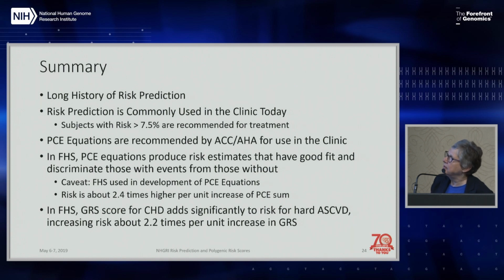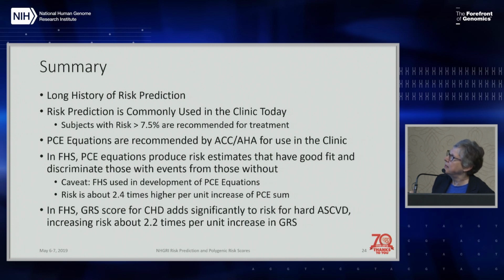So in summary, there's been a long history of risk prediction in Framingham and in other studies as well. Risk prediction, as I started out with, is commonly used in the clinic today. When I go to the clinic, sometimes my clinician will give me an estimate or different estimates depending on profile. And I'm told that the guidelines suggest that if you have a risk greater than 7.5%, you are to be recommended for treatment.